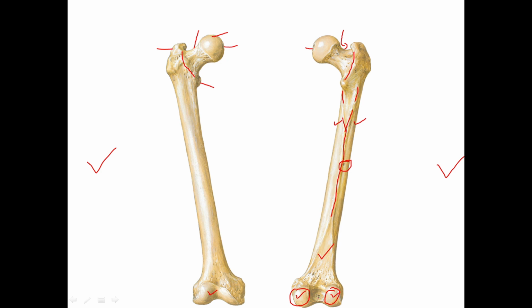Between the two condyles there is a fossa. We call that the intercondylar fossa. Above the condyles, on both sides, we have the medial and the lateral epicondyles. And above that, at this place, we have the medial and the lateral supracondylar lines, respectively.